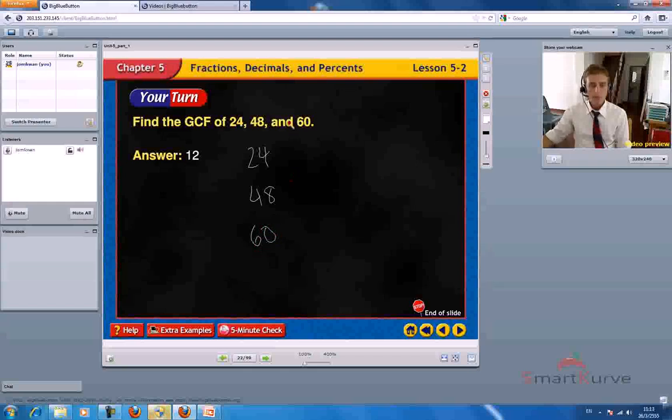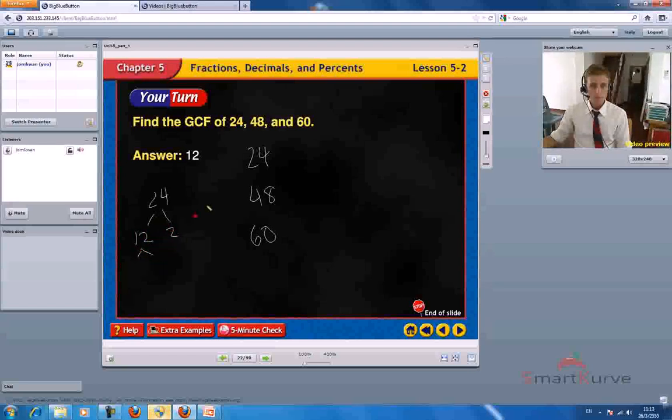Find the greatest common factor of 24, 48, and 60. You can write out the prime factorization. You find each of them.